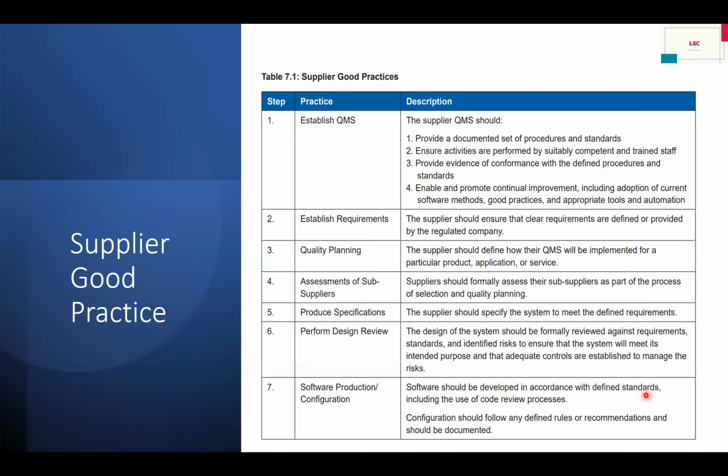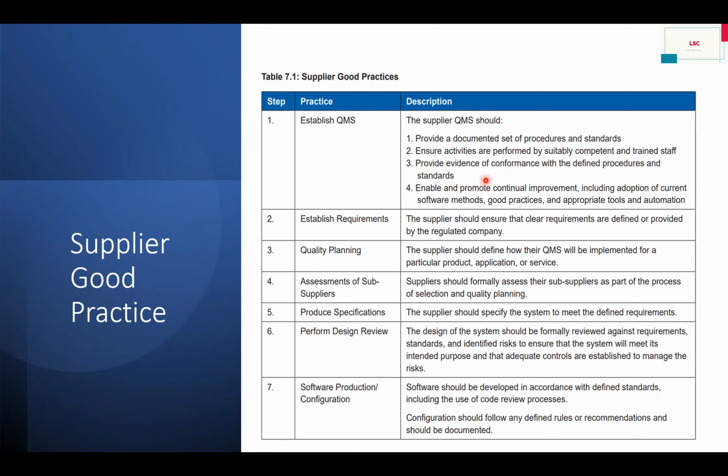Let's see the next one. What is the good practice from the supplier? This is from GAMP also. First of all, established QMS. Every supplier has their QMS system, their documentation system, and the evidence they have. This is written in four points in GAMP: provide a documented set of procedures and standards. Second, ensure activities are performed by suitably competent and trained staff.